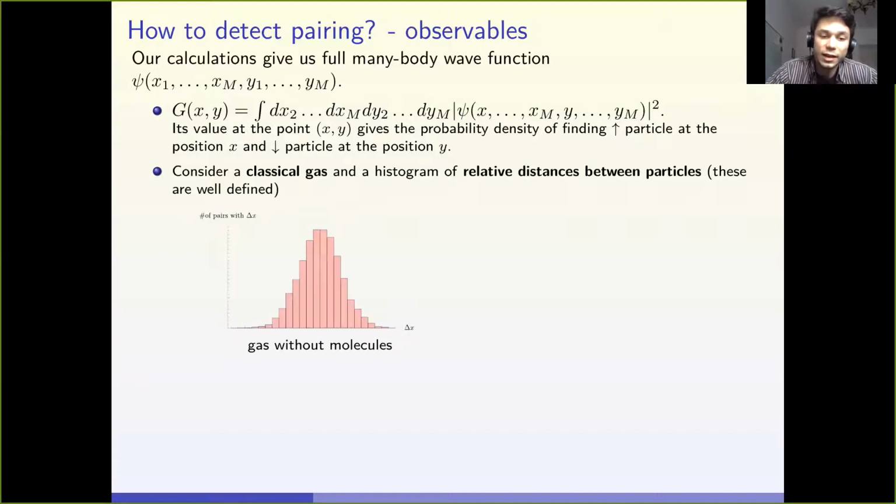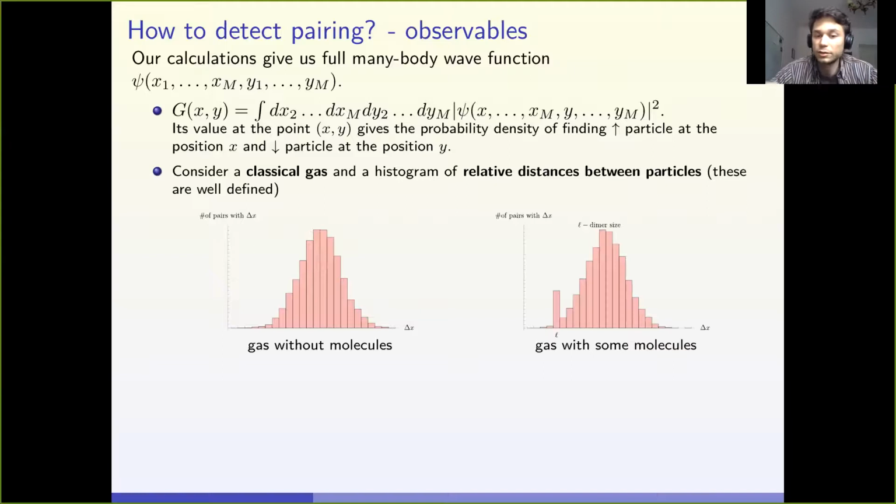In the case without molecules, you get just a smooth distribution related to temperature, etc. The situation will be a little bit different if we had a gas with molecules, because then you have a non-zero fraction of molecules that really like to stay at a characteristic distance L, that gives you the dimer size.